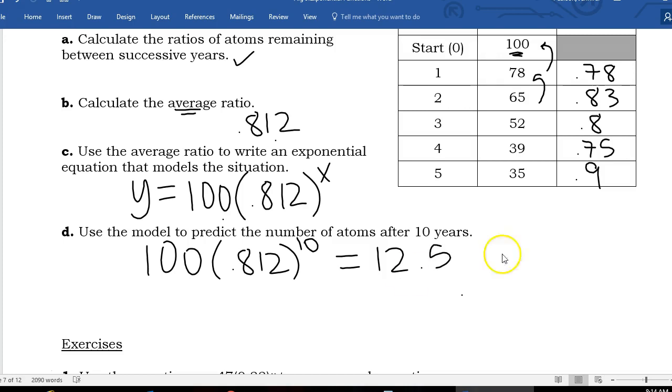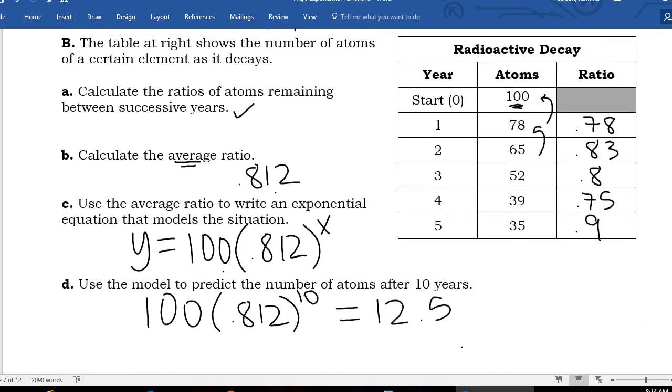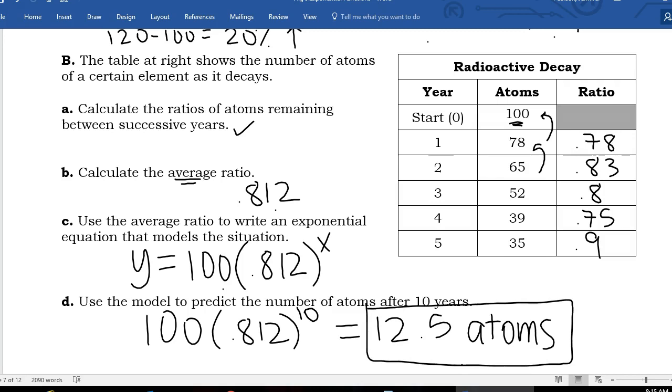I don't know my unit. I guess it's atoms. 12.5 atoms. So we started with 100. After 10 years, we're down to 12.5.